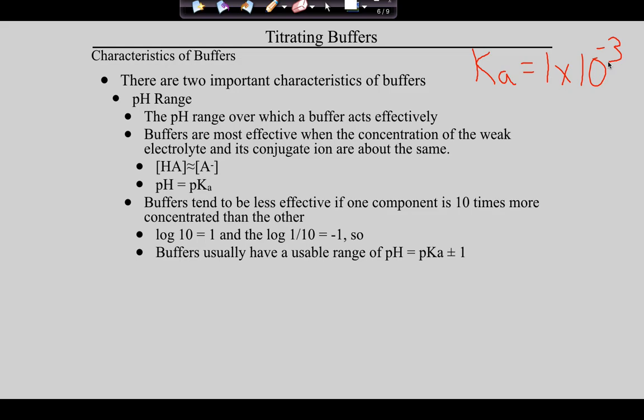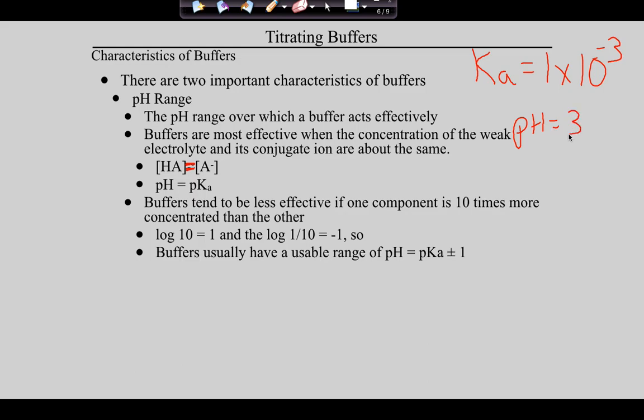We build a buffer out of that. How do we do it? Well, we add a salt that shares that ion, but we're going to be smart about this and make the molarities the same. So if the molarities are the same, then pH is equal to pKa. Therefore, the negative log of that is 3. You with me now? Okay. So this thing will have a pH of 3.